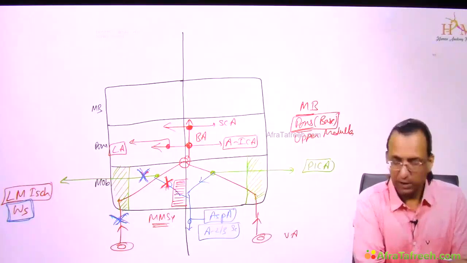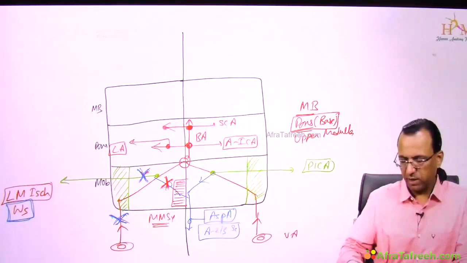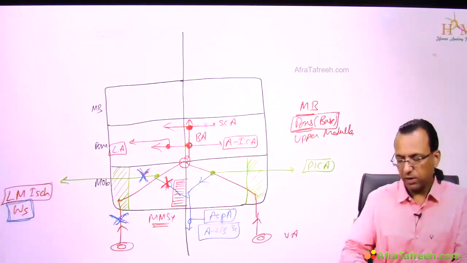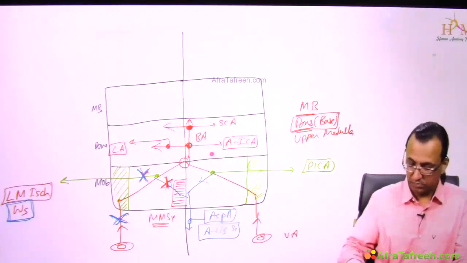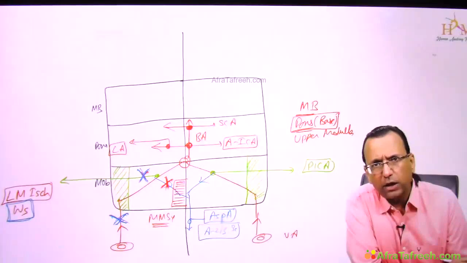Is a question. So you're telling that the superior cerebellar artery is not supplying the medulla oblongata? No. Then who is supplying the medulla oblongata? Whatever you have discussed till now. What I have discussed till now. 11 arteries supply the medulla oblongata. Yes.